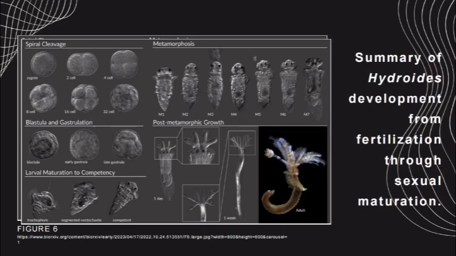So, summary of Hydroides development from fertilization through sexual maturation. Individual stages are used to label the major development phases.